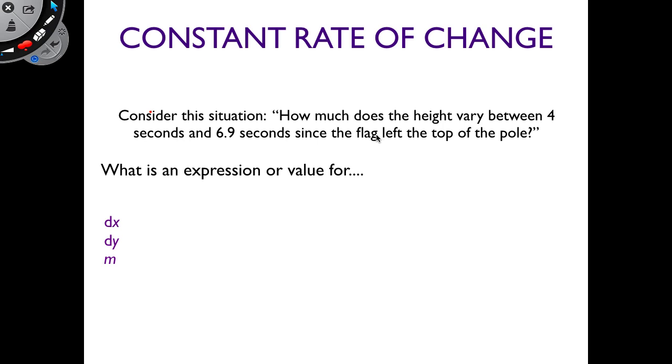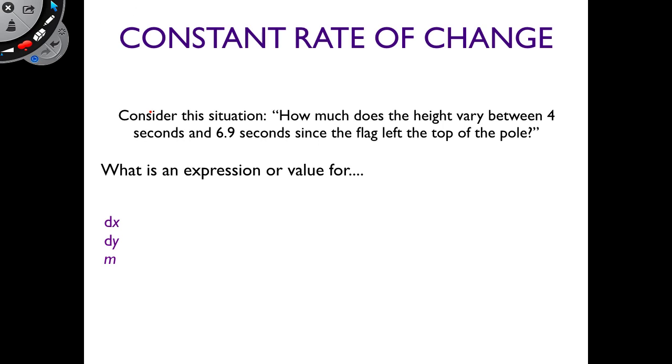All right, so 6.9 minus 4, what are you computing when you do 6.9 minus 4 in terms of these symbols? dx, it's the amount of time that's gone by. In the previous examples, we were told how much the change was. In this example, we have the starting and the final value of time, which time was our x variable based on previous definitions.